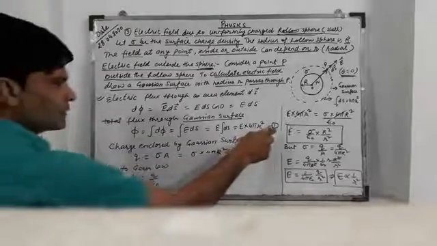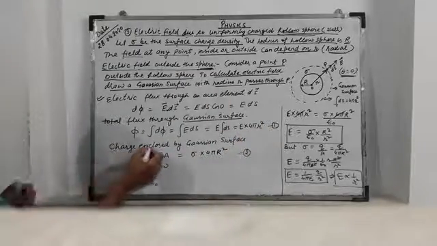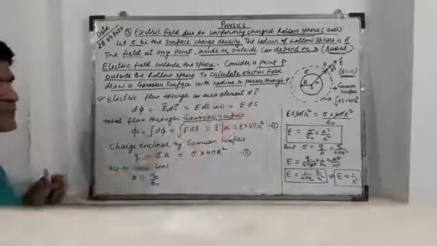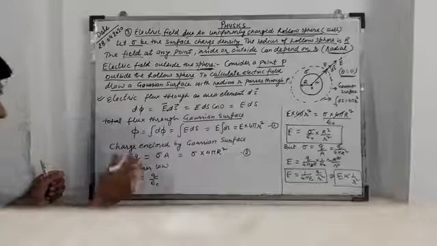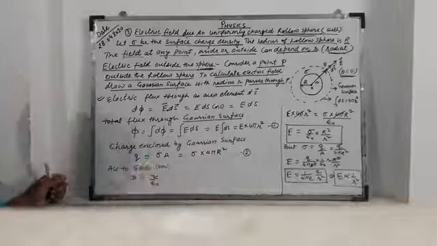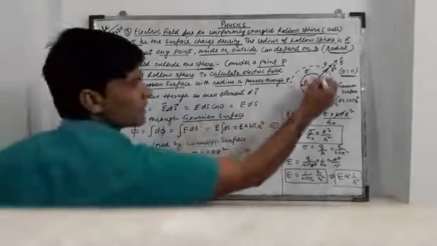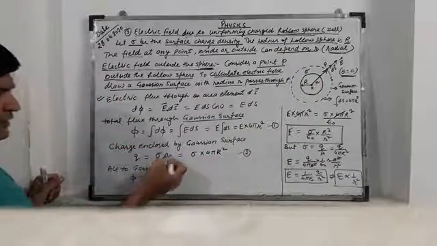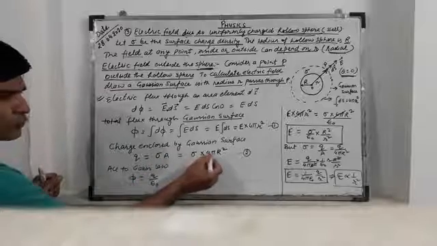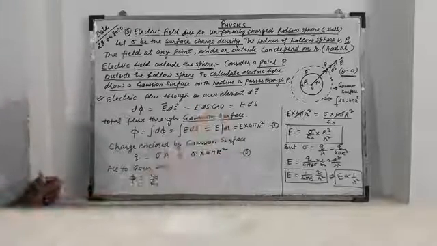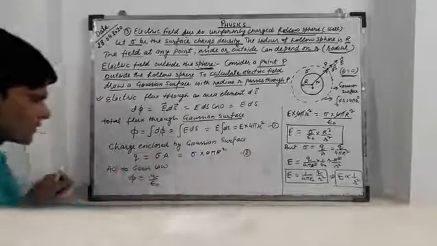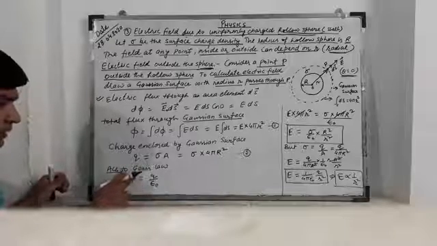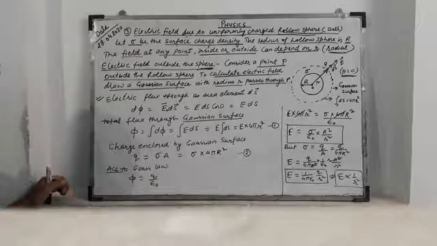Equation number 1. Then the charge enclosed by the Gaussian surface: Q is equal to sigma A, but the charge is only on the radius capital R. So in place of area, sigma into 4 pi capital R square. Equation number 2. Now according to Gauss law, flux is equal to Q upon epsilon naught.